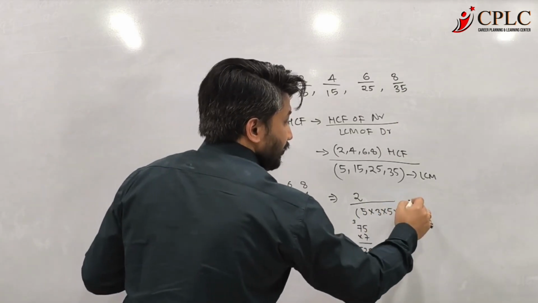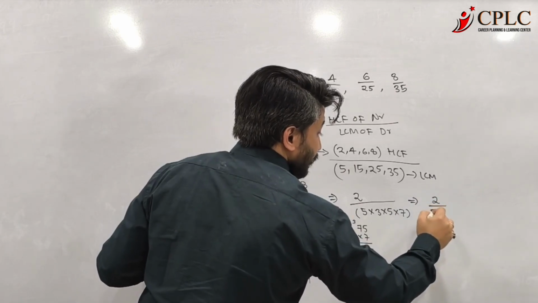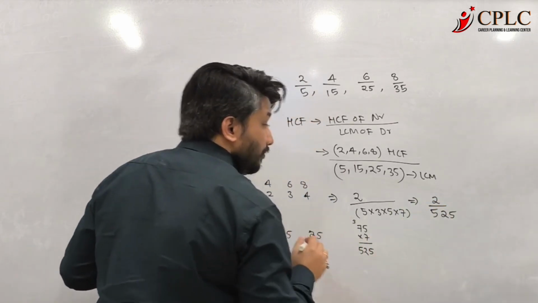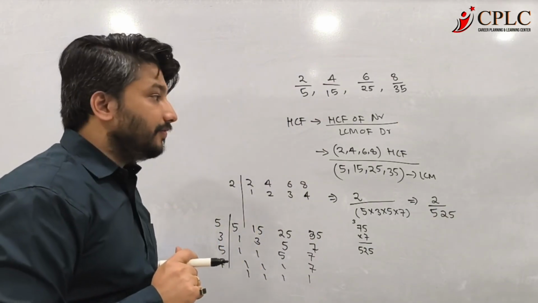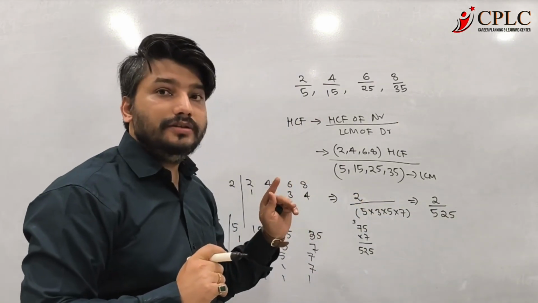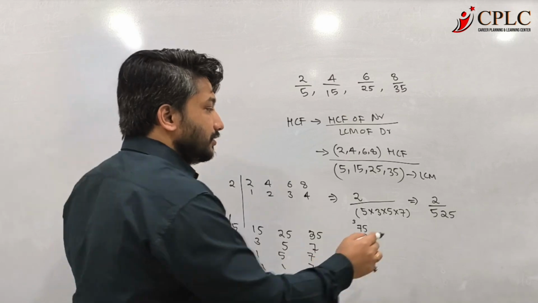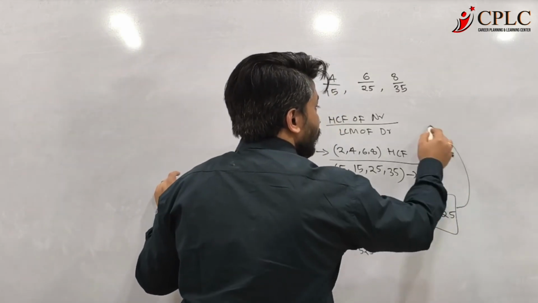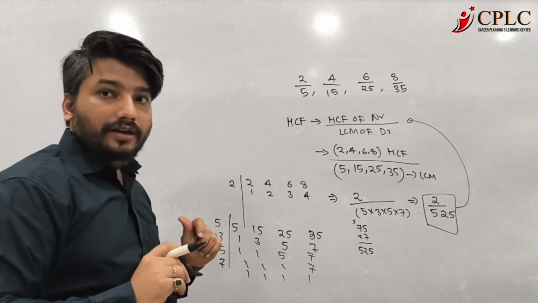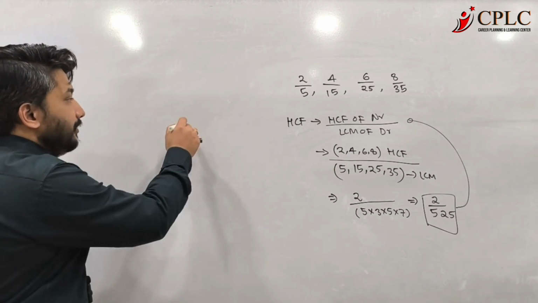So the answer for the HCF will be 2 upon 525 for all these numbers. Now this is only the answer of the HCF, which is 2 by 525. Now let's do the LCM.